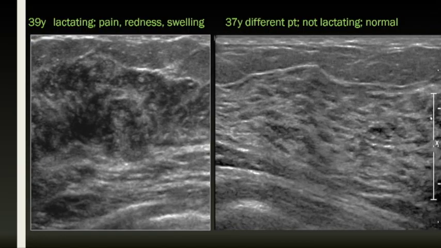So let's look at the image on your right, which is a patient who was asymptomatic. She may have had something on her contralateral breast, but here is a very normal picture of the tissue of a young patient who would have mammographically dense breasts. There is a thick layer of echogenic fibroglandular tissue.